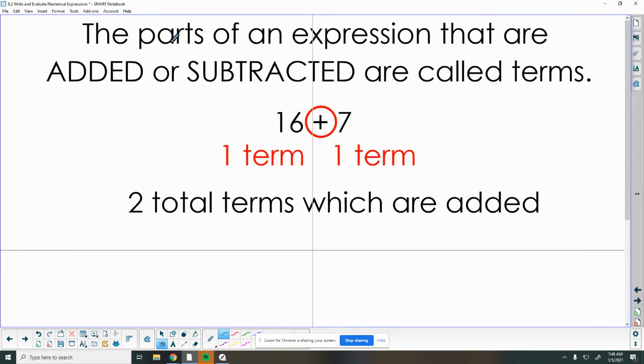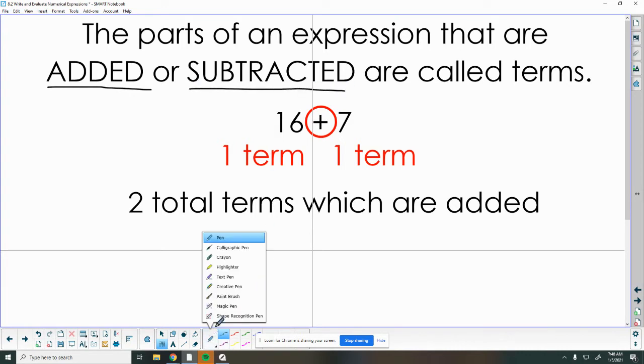So every time we have an expression and you have parts of it that are added or subtracted, so this is only true when we are adding or subtracting, we call each of those parts a term. So this problem here, we have 16 plus 7.